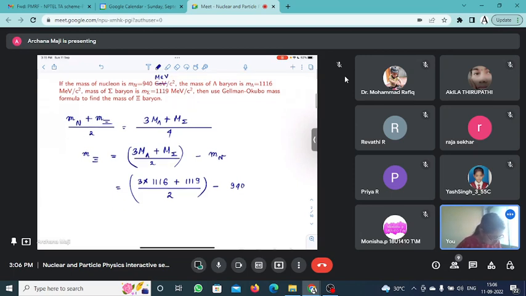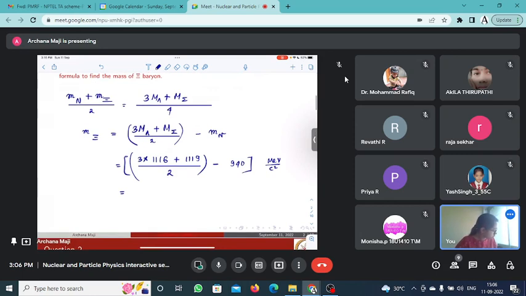This will be in the unit of MeV per c square, and you will obtain 1294 MeV per c square.